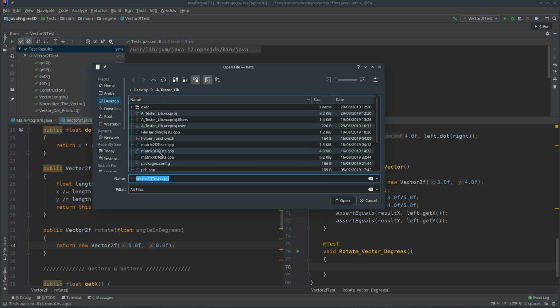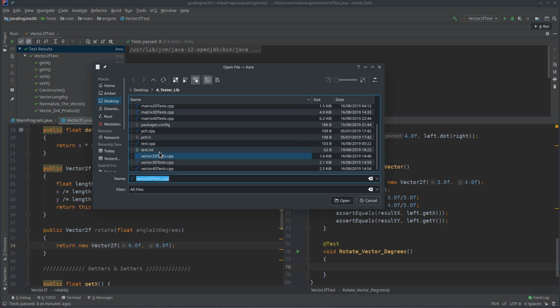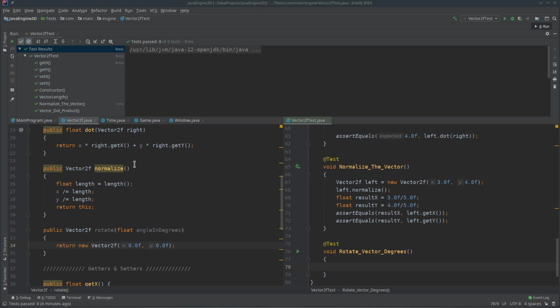I've got matrix. I don't think that's going to help me much. Vector 3D, let's try that one. Addition, subtraction, multiplication, plus equals, minus equals, no, nothing in there. Very simple testing that I've done in the past, just to make sure certain things are correct.